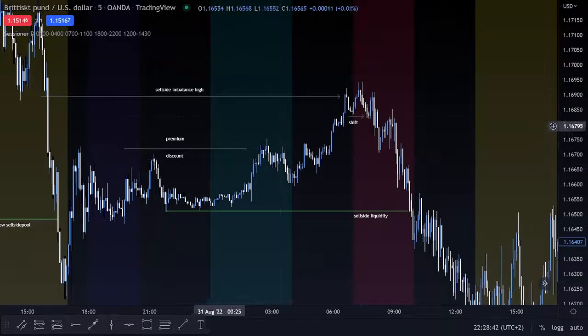Price is reaching up into this sell side imbalance and doing what? It's pulling back, putting in a high here, coming back down to rebalance, sets another high, and then what? It's breaking down, pulling back, breaks down again. This is a market structure shift with an intermediate term high here.